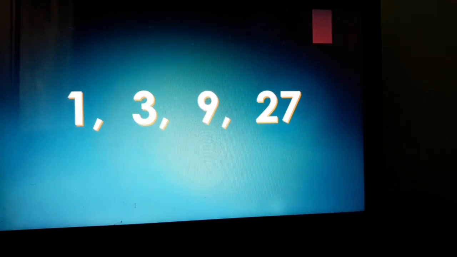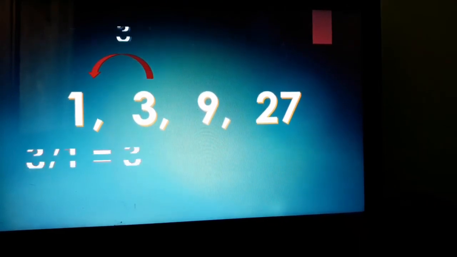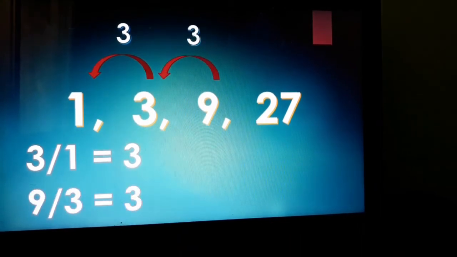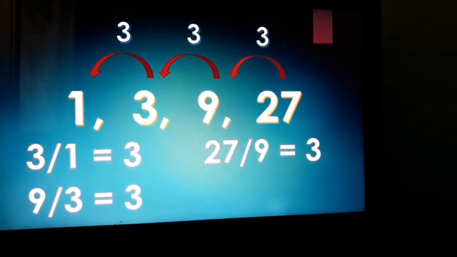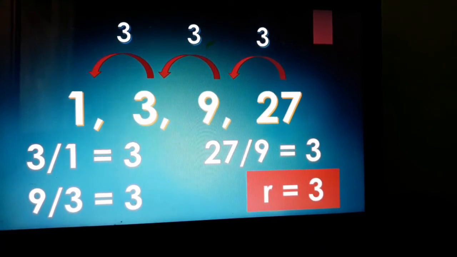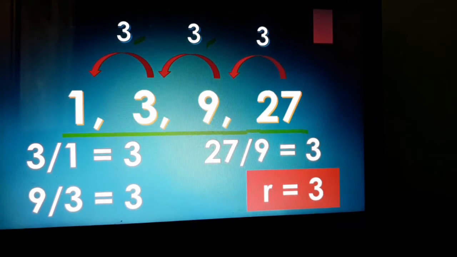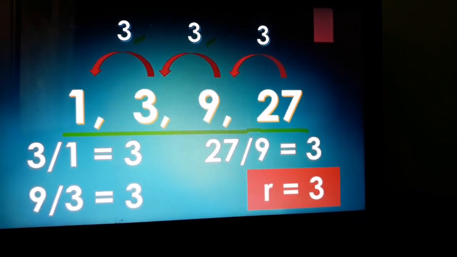Example natin, 3 divided by 1, sagot ay 3. 9 divided by 3, 3 pa rin ang sagot. 27 divided by 9, 3 pa rin yung sagot. So since there is a common ratio na 3, tawag natin sa 1, 3, 9, 27 is a geometric sequence.